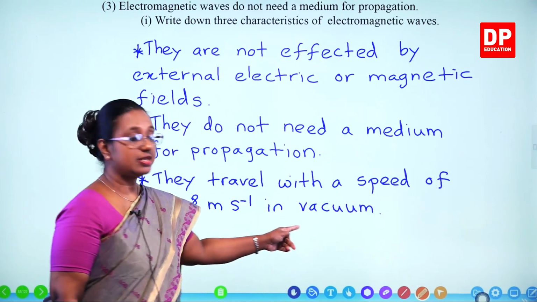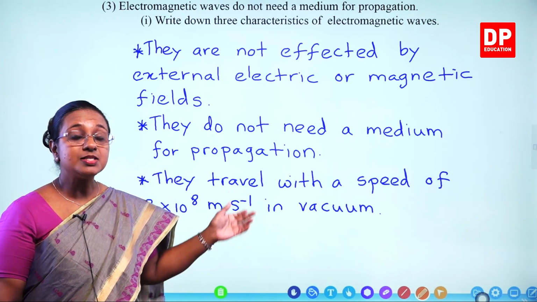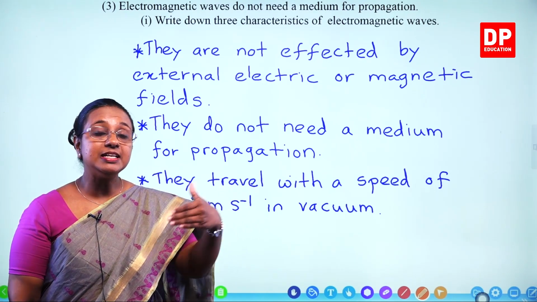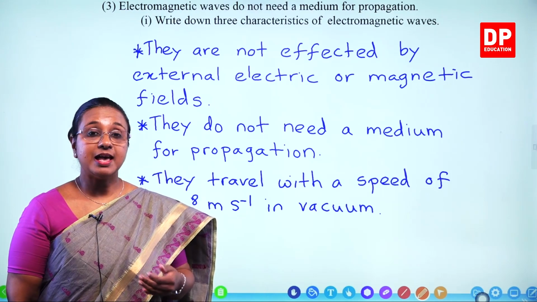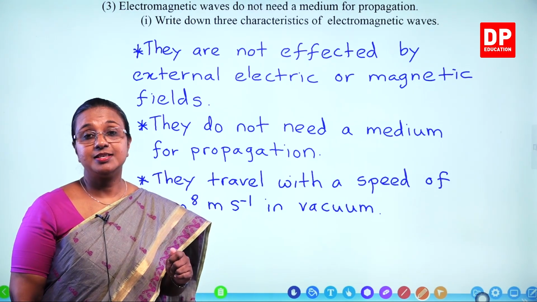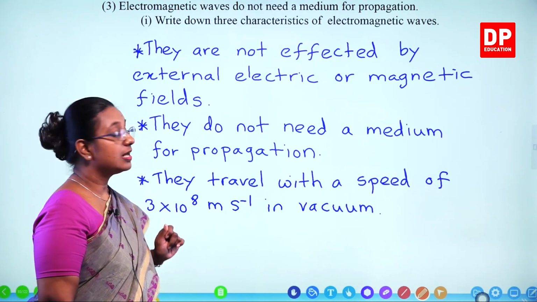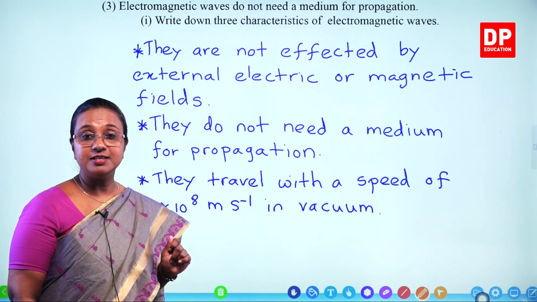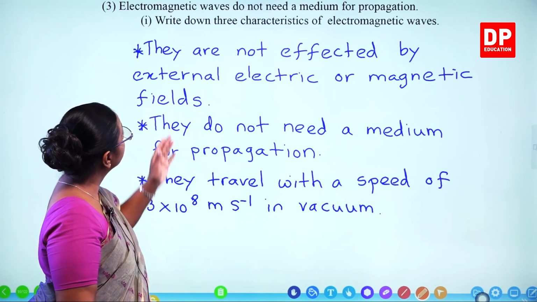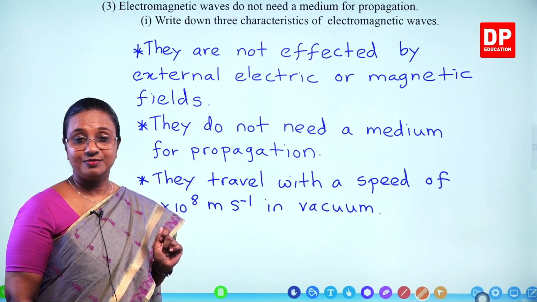You have to mention it as vacuum. Why? Because when these waves enter into a medium, their speed changes. Actually, their speed decreases a little bit. But in vacuum, the speed is 3 into 10 to the power of 8 meters per second. So, those three are the characteristics of electromagnetic waves.